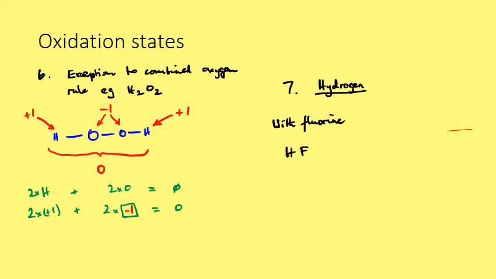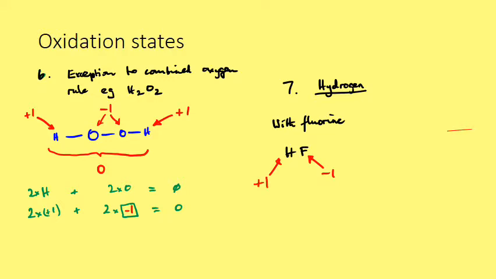And fluorine is always going to be -1. There's nothing reasonable that can take an electron off fluorine. No element anyway. And if the whole thing is going to be neutral, which it is, that means that hydrogen is going to be +1. So it's given up its electron to fluorine.